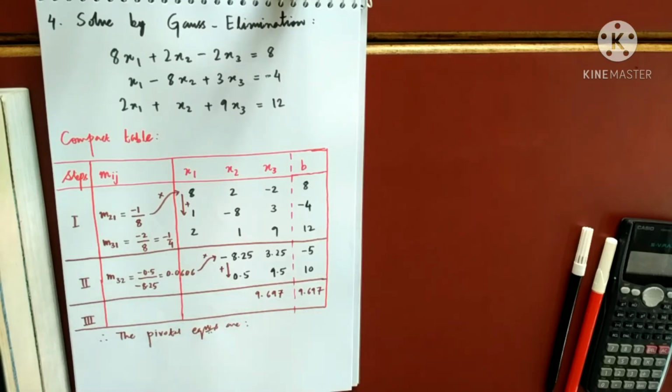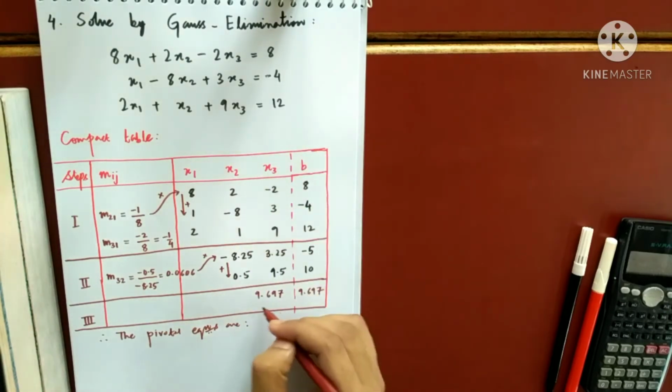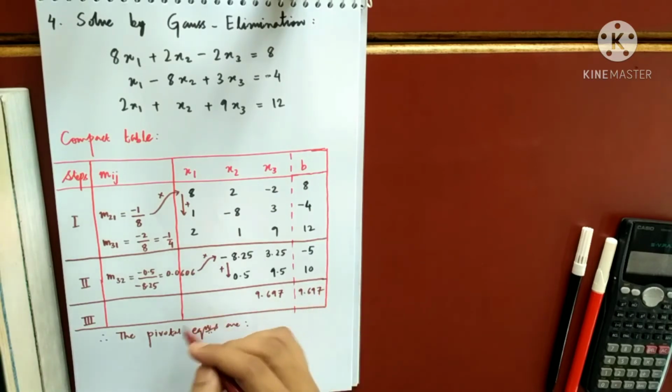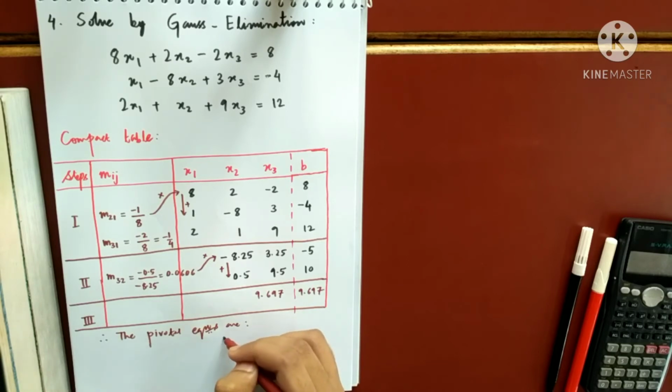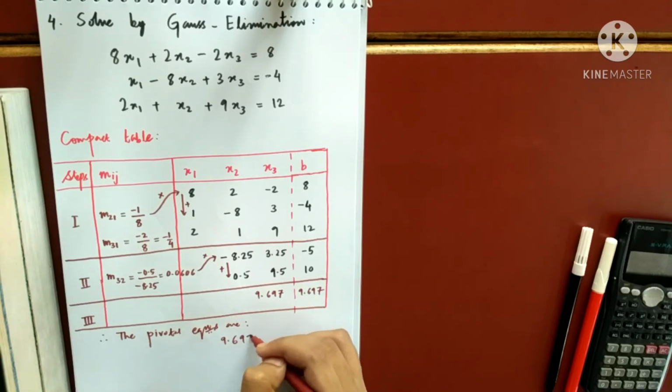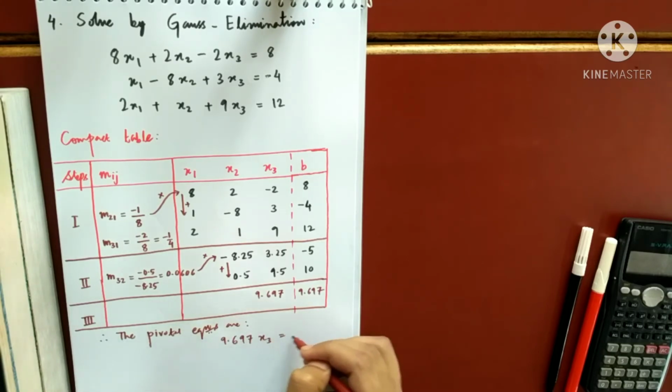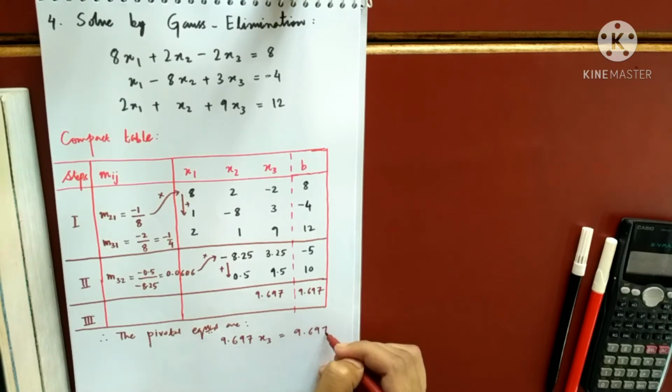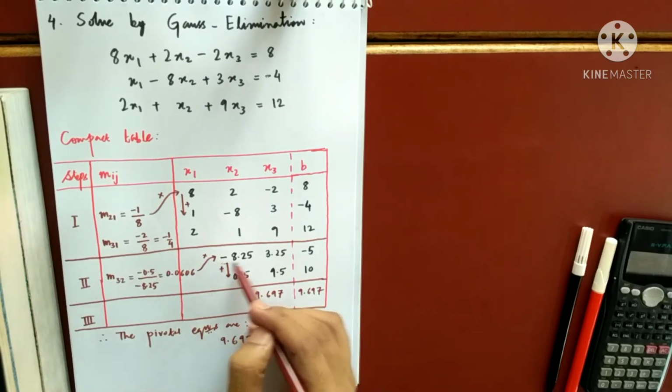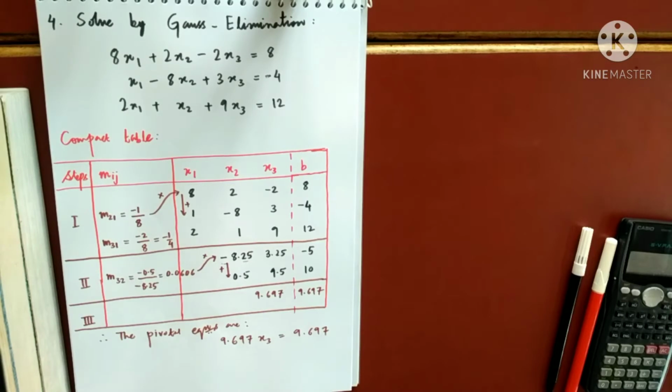We write the pivotal equations in the other way around also. So if I take this first, this is 9.697. The third variable is nothing but 9.697. The second pivot is this. So let me write it down.